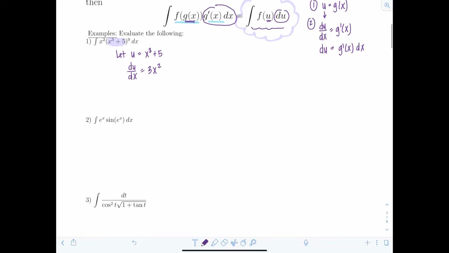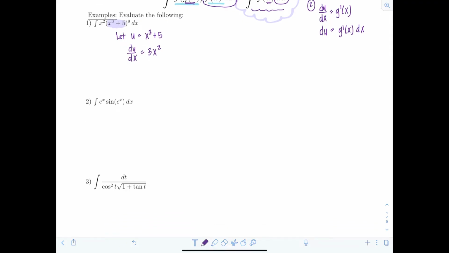So let's see. I want to make this match exactly with what I have in my integral. So I have an x squared and a dx here. So du is equal to 3x squared dx, which means 1/3 du is equal to x squared dx. So I can substitute 1/3 du for this little kidney bean here for the x squared dx.